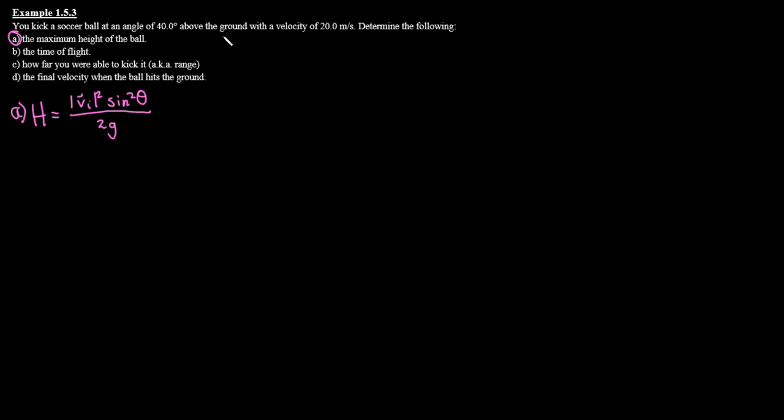Okay, so remember, for all of these, the initial velocity is simply equal to 20 meters per second. The angle that we use is 40 degrees. And remember, g, for the purposes of this, you're going to use positive 9.8 meters per second squared. I considered the negative portion of it when we were doing the derivations, so that canceled it out, and now you can just plug in your positive 9.8 for all of these.